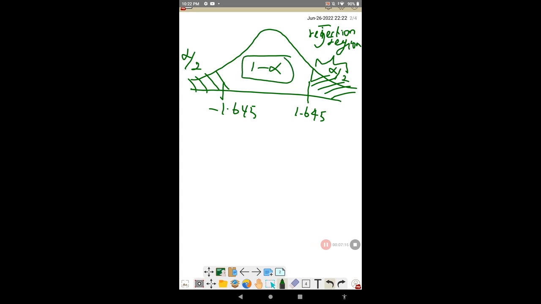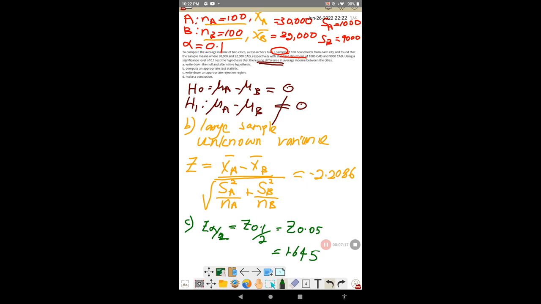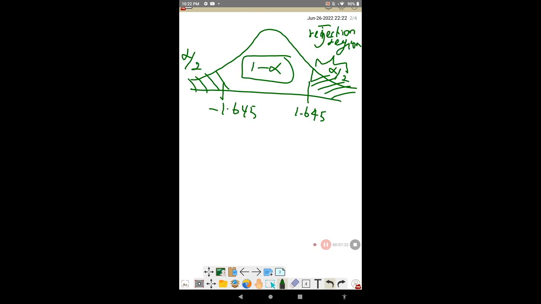And the last question is make a conclusion. So you know the test statistic value that we calculated using this equation, and you know the table value, right? So the test statistic value 2.2086 is greater than our table value 1.645.